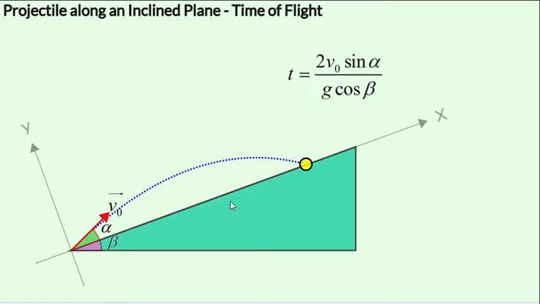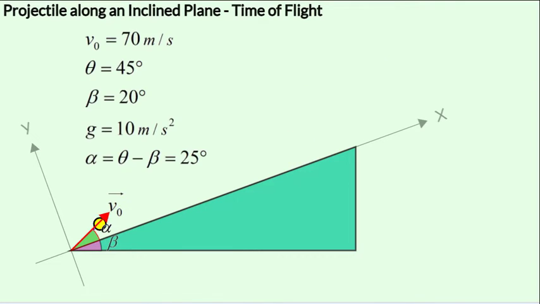Let's do a numerical problem so you get the hang of the role of all the variables in this formula. We launch a projectile with a speed of 70 meters per second from the base of an incline, having an angle of inclination of 20 degrees. So beta is 20 degrees.